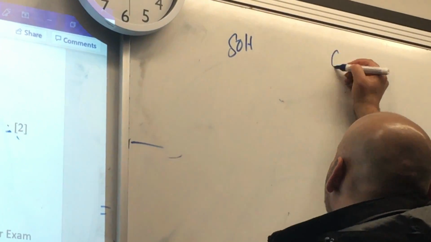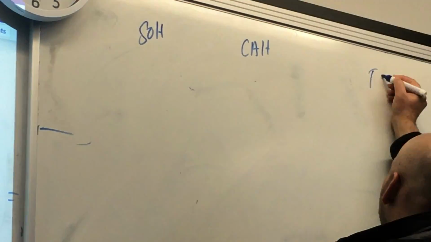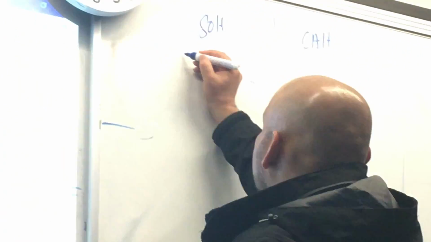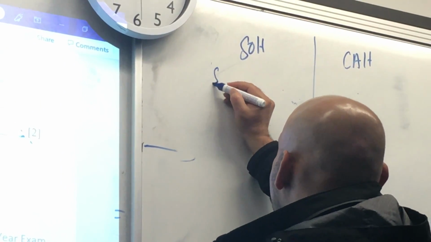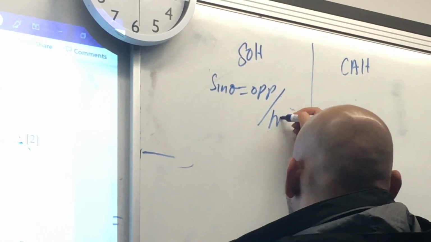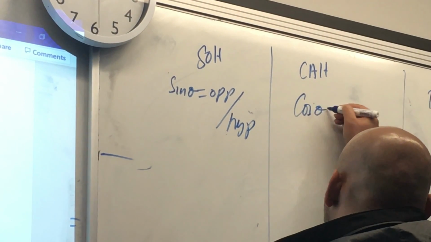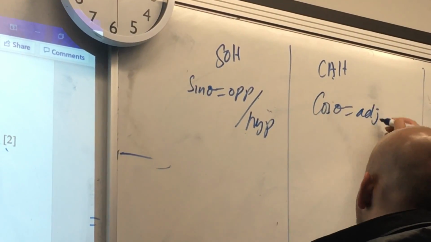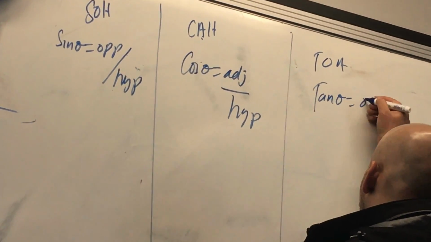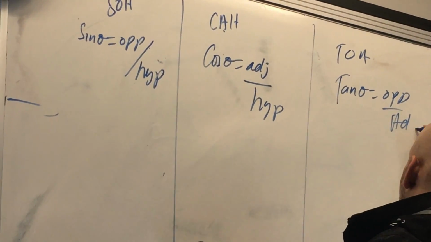Get the answer here and then square root the answer. Then SOH CAH TOA, guys, this is when an angle is given. So sine theta is equal to opposite over hypotenuse. Cos theta is equal to adjacent over hypotenuse. Tan theta is equal to opposite over adjacent.